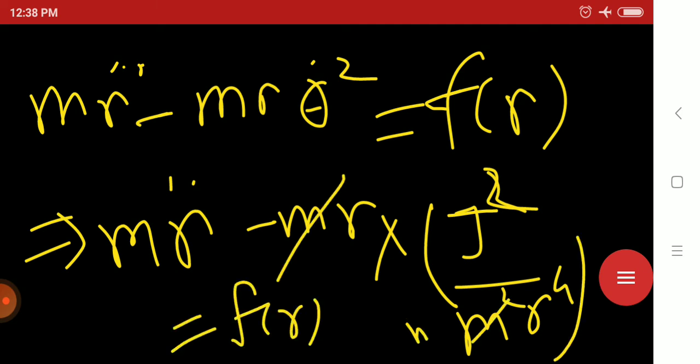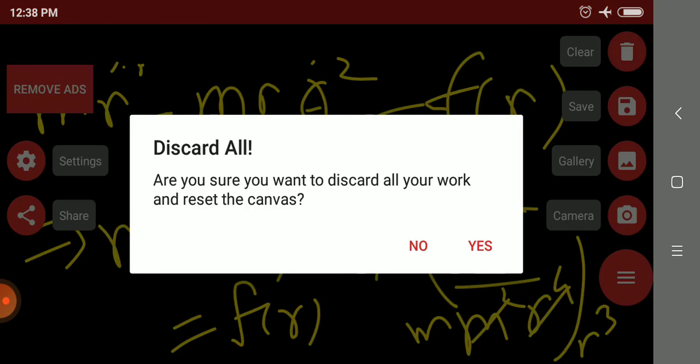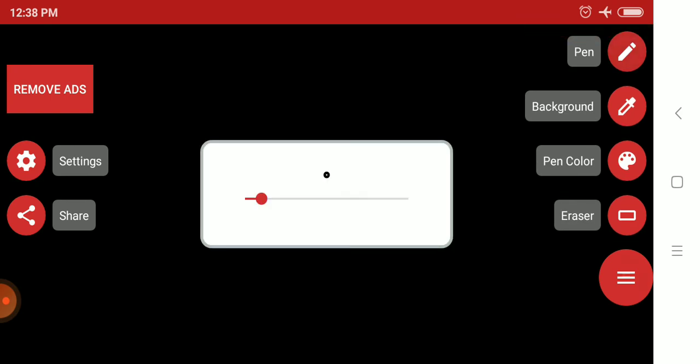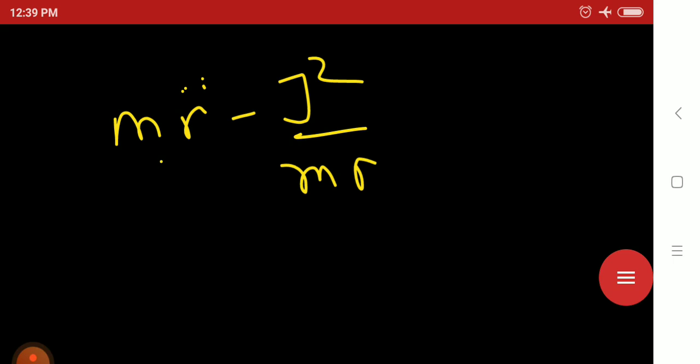So after clearing these, in terms of that constant quantity, the angular momentum, we can write m r double dot minus J square by m r cube equals F of r. So this is a second order differential equation in terms of the r coordinate.